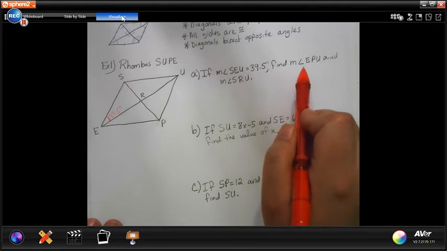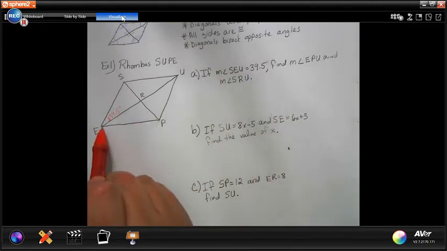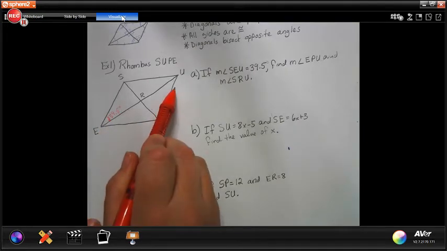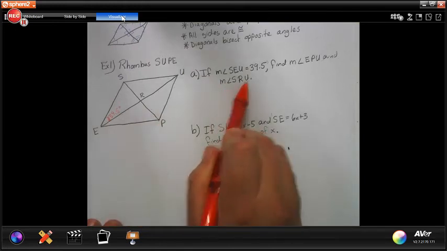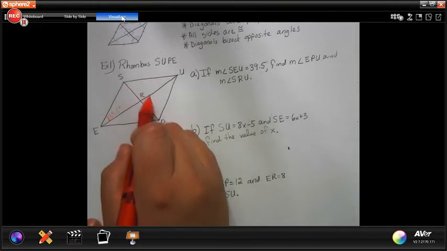Okay, measure of angle EPU. So EPU, oh, is this whole thing, okay? And angle SRU, that would be this thing right here.